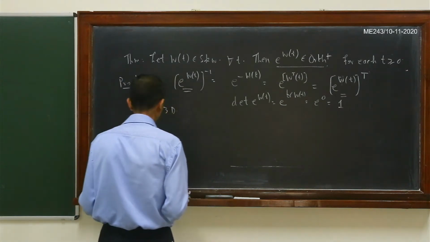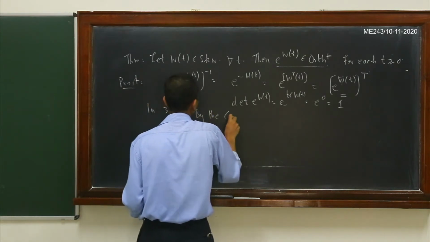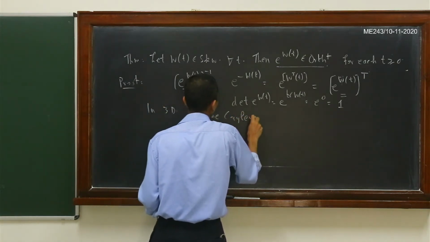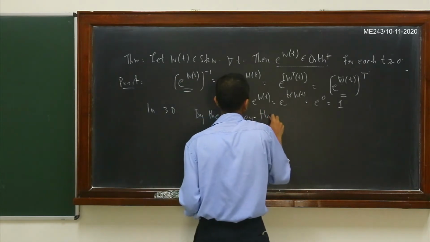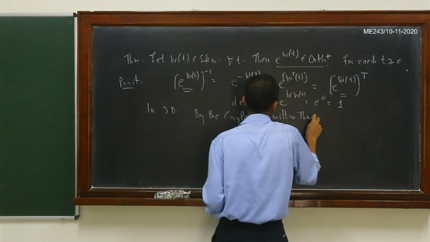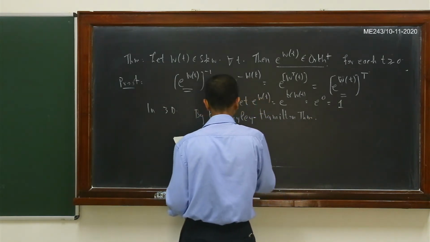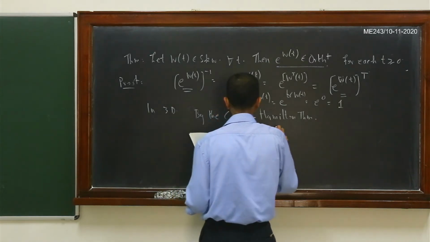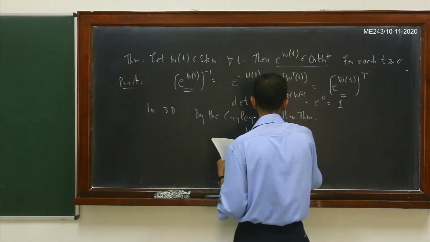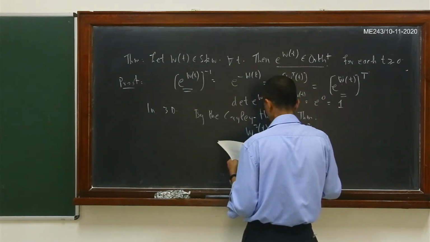By the Cayley-Hamilton theorem, we have w cube of t is equal to minus w of t square times w of t.